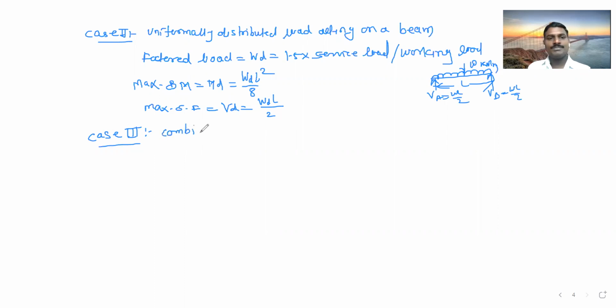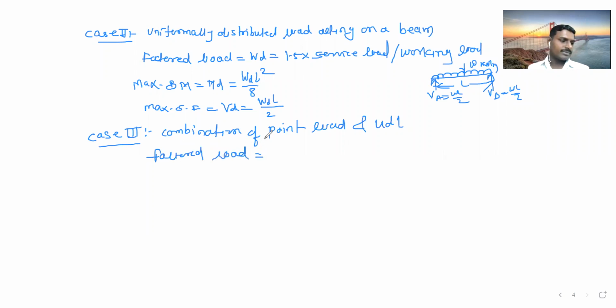That is a combination. So combination of point load and UDL. So same, calculate factored load first. So factored load is a WD is equal to 1.5 into... So here point load and UDL, the combination is there.